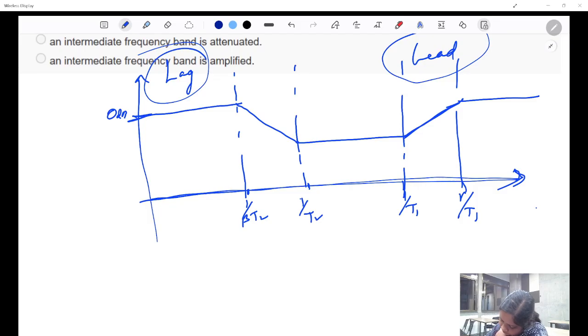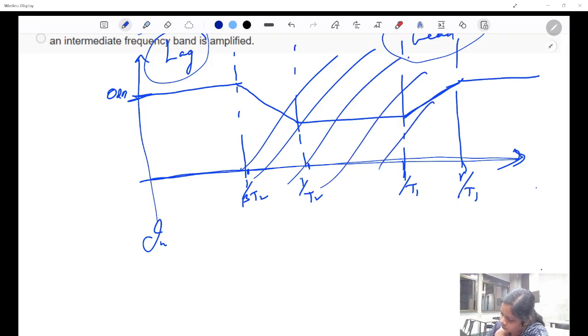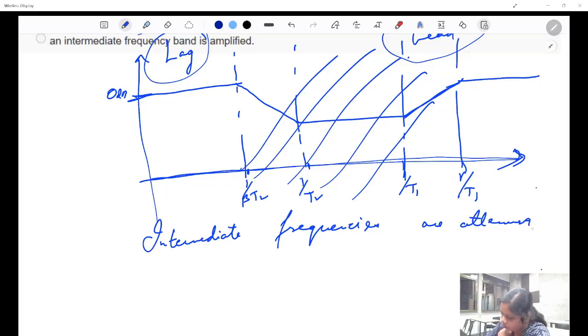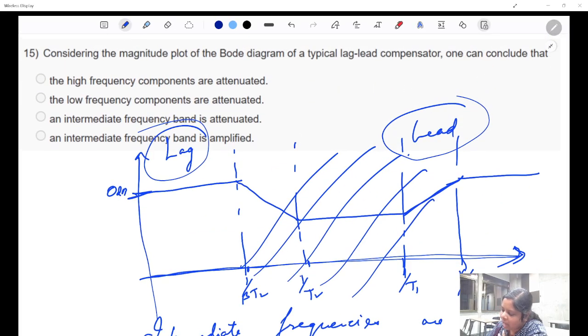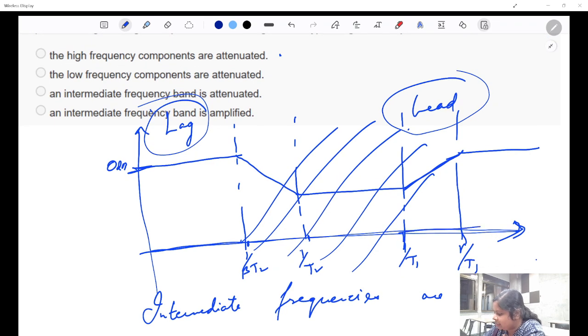So this region, basically intermediate frequencies, are attenuated. What are the other options? The high frequency components are attenuated. High frequency components in this region are not attenuated, so it is wrong.